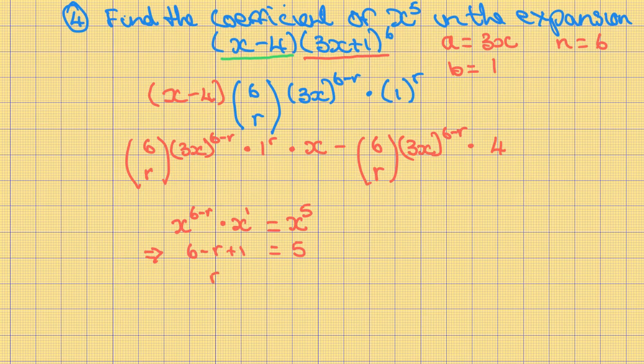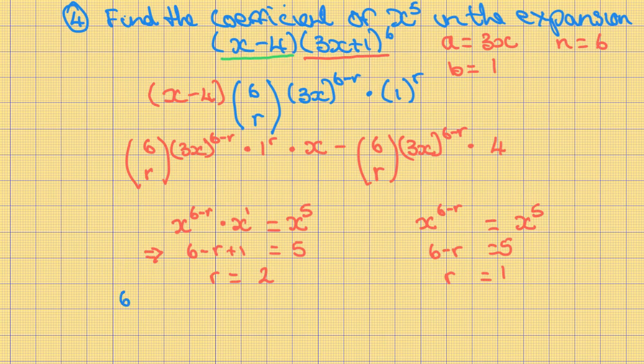So r is equal to 2. On the right hand side, I've got x to the power of 6 minus r must equal x to the 5. Again, because the bases are the same, 6 minus r equals 5. Therefore, r equals 1.